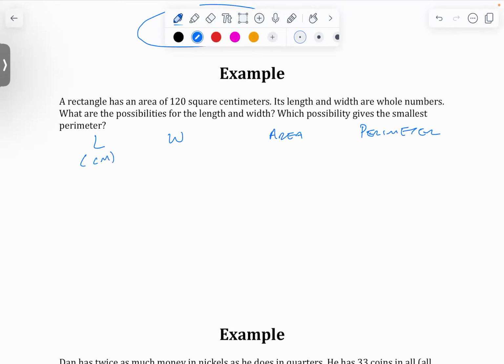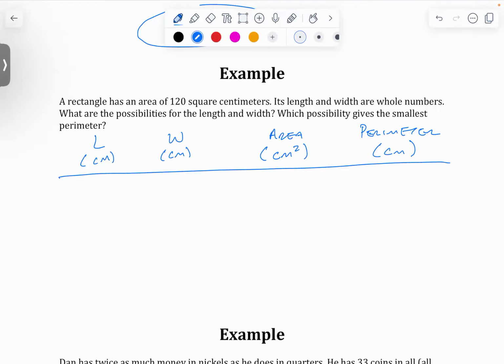The length and width are in centimeters, area is centimeters squared, and perimeter, which is again distance around the shape, is one-dimensional units, centimeters as well.